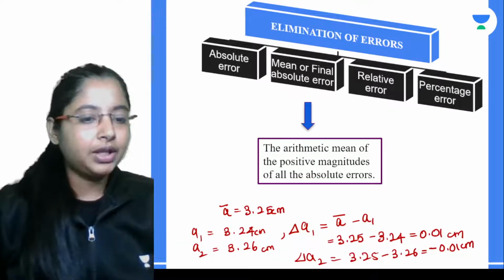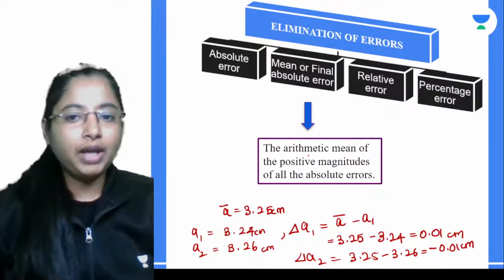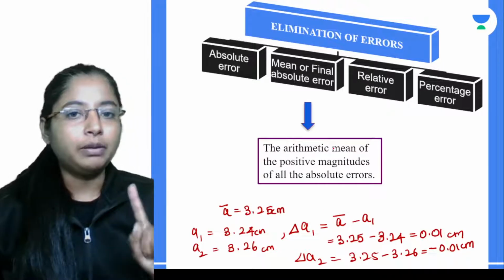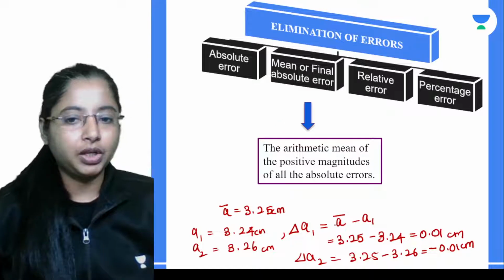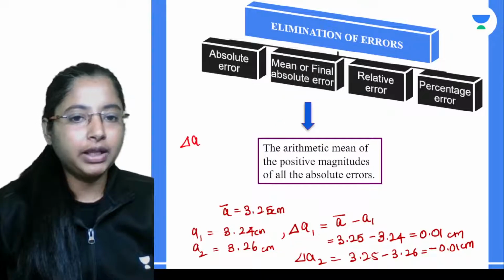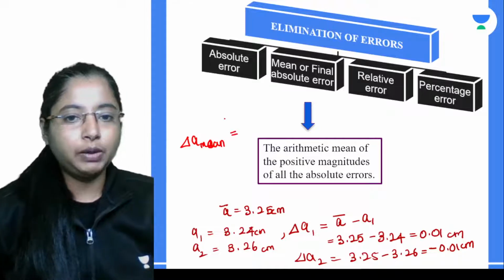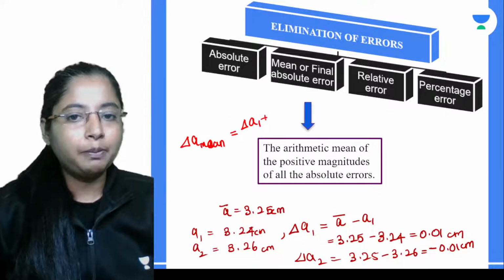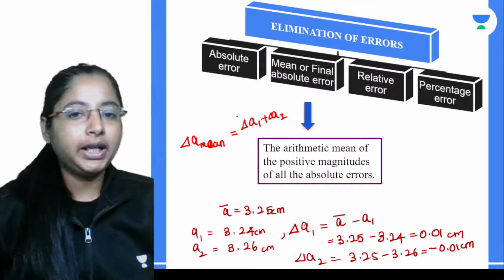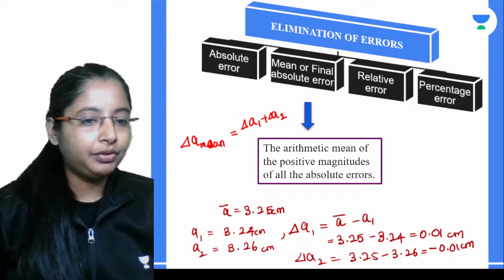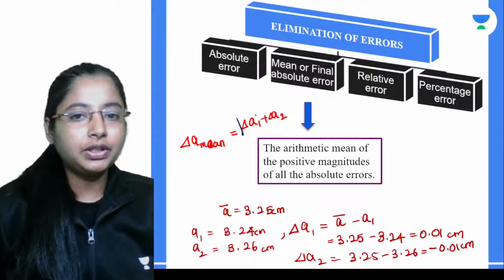So when you take the positive magnitude, it is very simple. We have to find the mean of absolute errors. That will be delta A1 plus delta A2, but you have to take the positive magnitude.